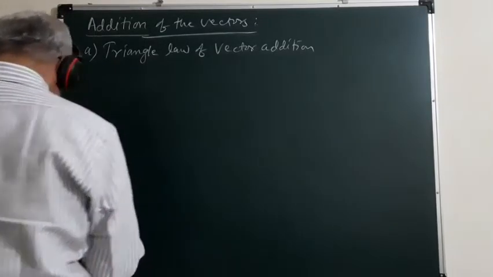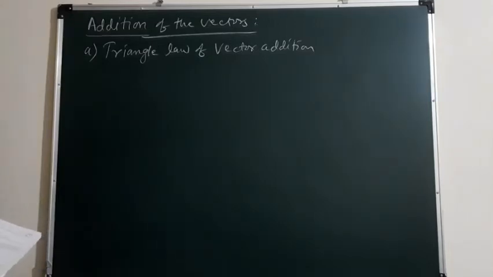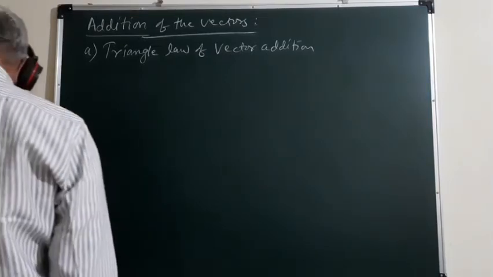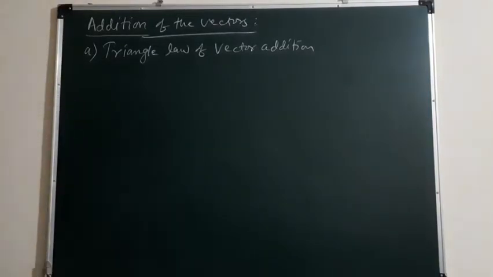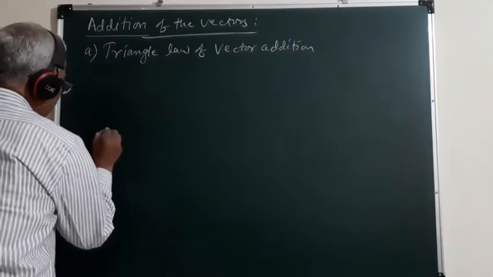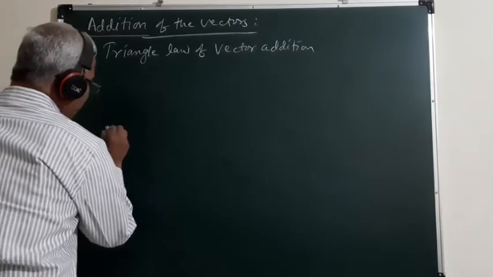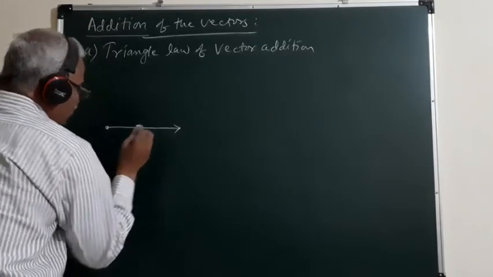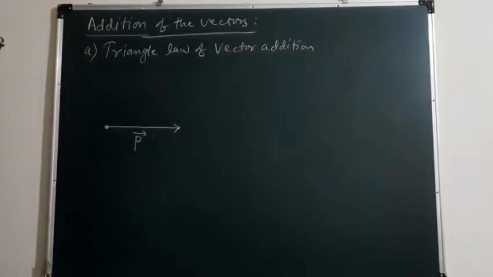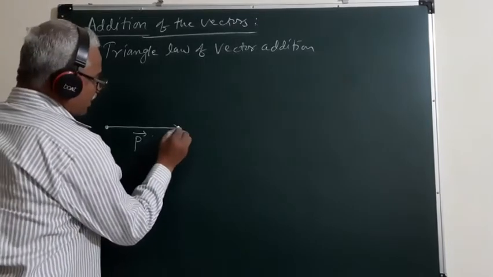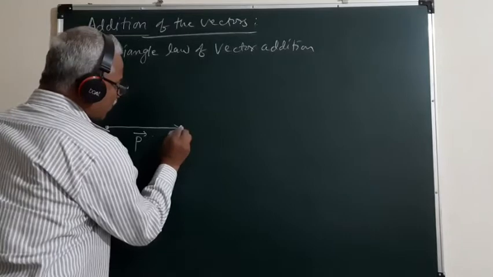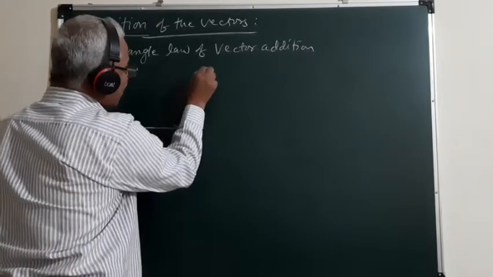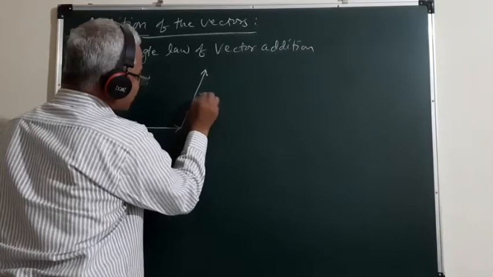If we have 2 vectors represented in magnitude and direction by the two sides of a triangle taken in the same order. That is, suppose we have this first vector p bar drawn like this, then the second vector q bar starts from the end point of the first vector p bar and is represented like this.